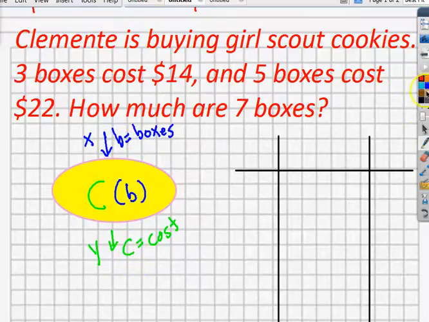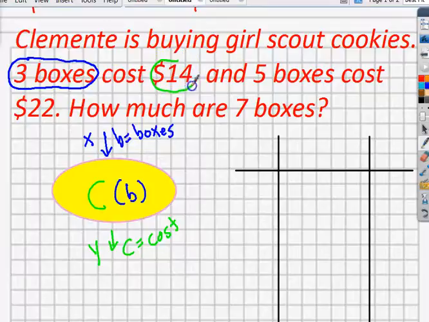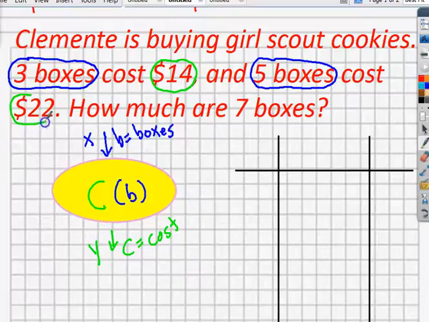Now I can go ahead and label in the problem what my inputs were and what my outputs were. So my important information, I've got 3 boxes. I have the number $14. That must be important. There's a number for 5 boxes, and those cost $22. I'm going to label those as the inputs and outputs. X is for inputs, so I'm labeling this because I've input 3 boxes.